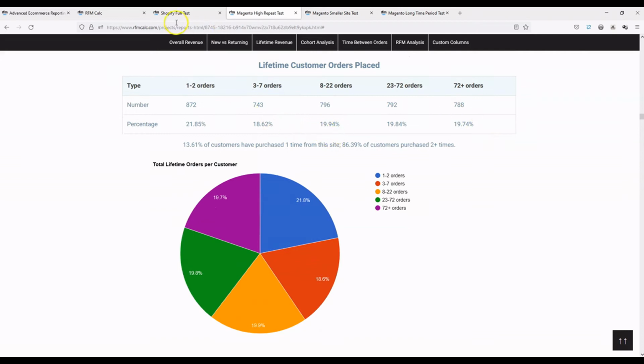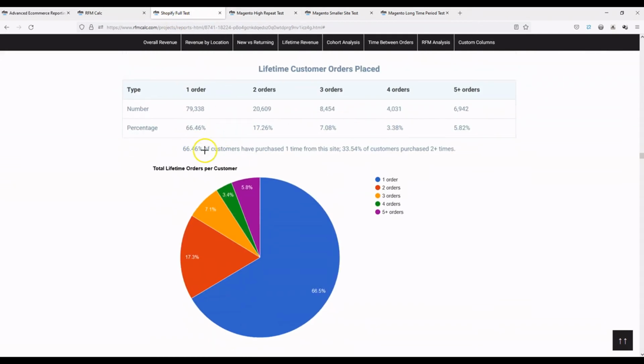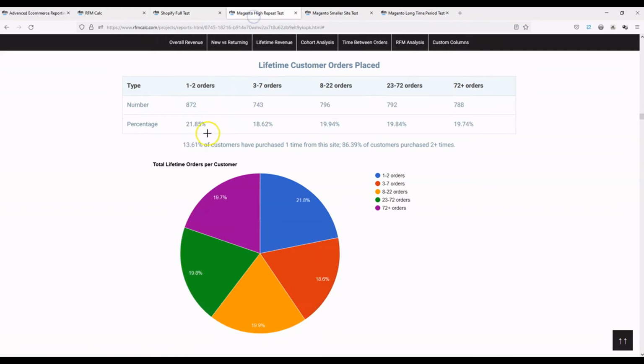And then what's useful is because you might have seen here that we say 66.46% of customers have purchased 1 time from this site. And you might be thinking, well, that's obvious. Why would you repeat that information? Well, the reason is when you have sites like this, where we're into bands, you can see 21.85 place 1 to 2 orders, but you can't see in this table how many customers only place 1 order, which quite often is a metric you'll want to report on.